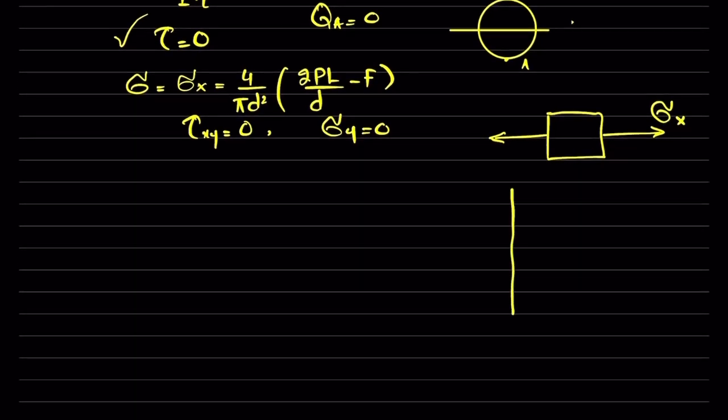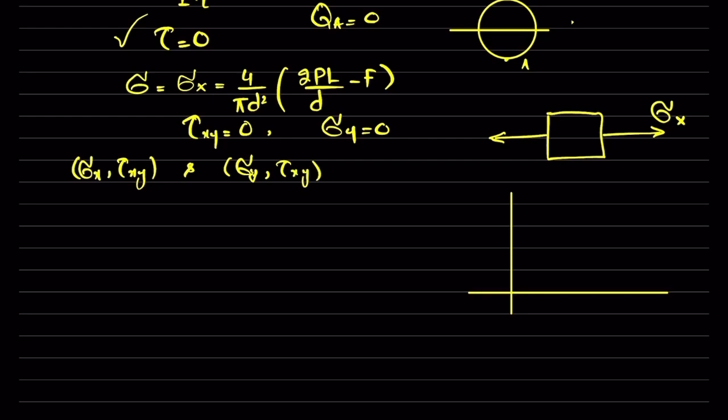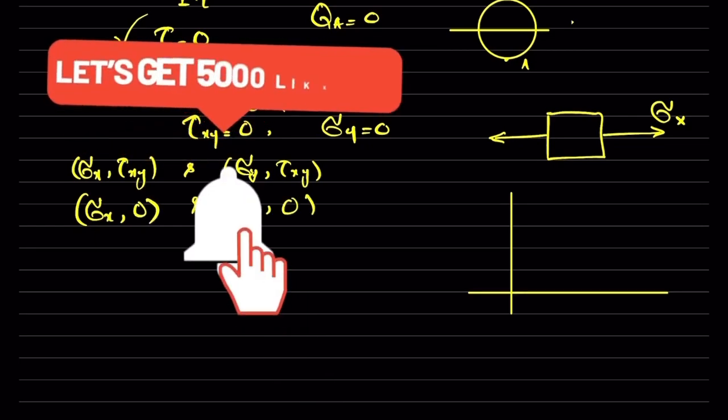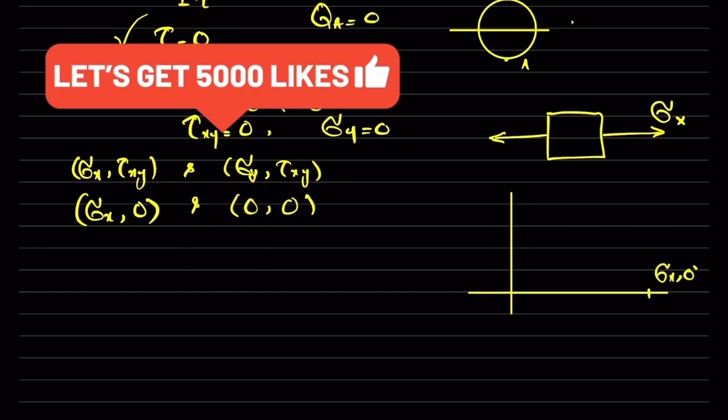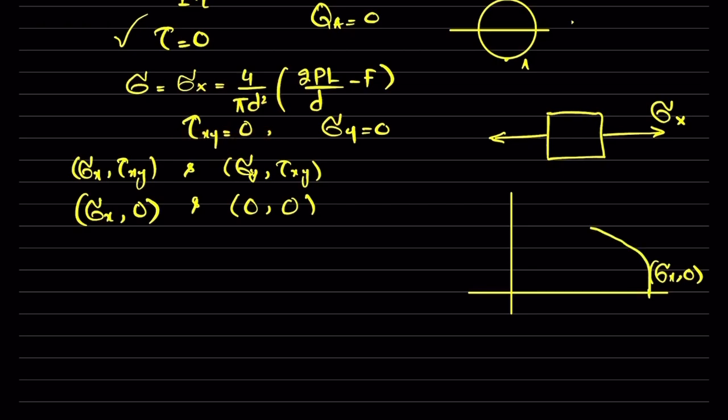And if you recall it, and if you want to draw the Mohr circle, so you will need the coordinates sigma x comma tau of xy and sigma y comma tau of xy. So here you can see you have sigma x and tau of xy is 0, and these both are 0. So if you plot it, for example, if this is the sigma x comes out to be over here and y is tau of xy is 0, and if you draw the Mohr circle like this, clear?